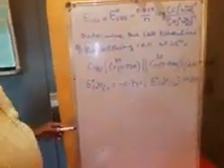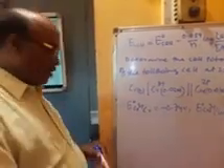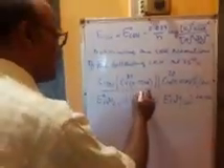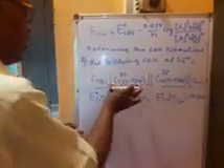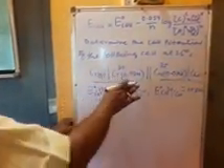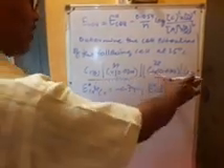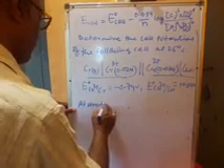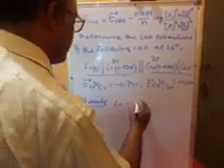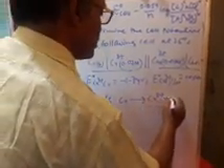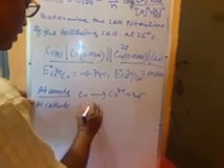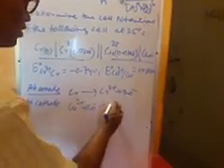Now what is the first thing we have to do? We have to write down the cell reaction. Anode in any electrochemical cell is the left hand side part and cathode is the right hand side part. So at anode the reaction will be Cr gives Cr3+ plus 3 electrons. At cathode, Cu2+ plus 2 electrons gives Cu.